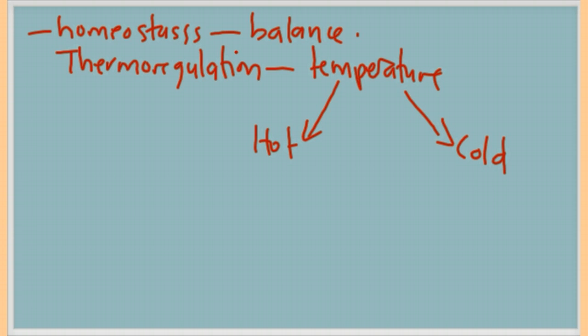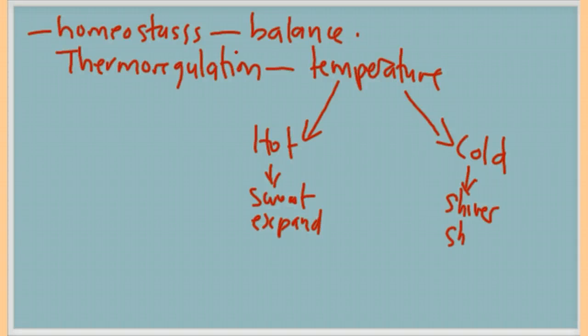When it's really hot, our body tends to sweat. And when it's too cold, our body tends to shiver. Also, we said that when it's too hot, our blood vessels tend to expand. And also, when it's too cold, our blood vessels tend to shrink or get smaller.